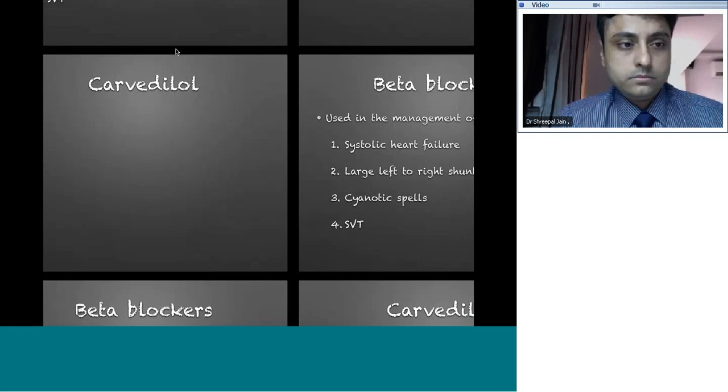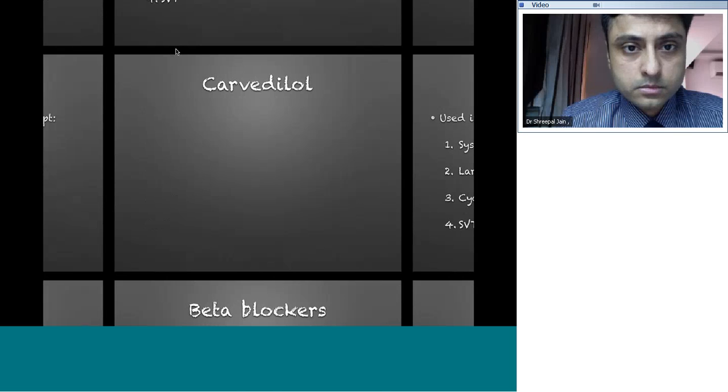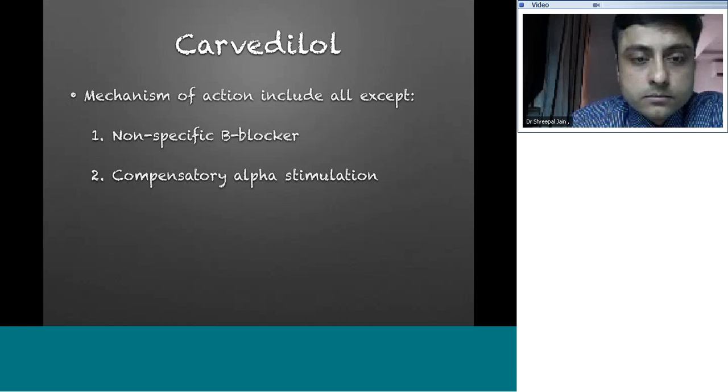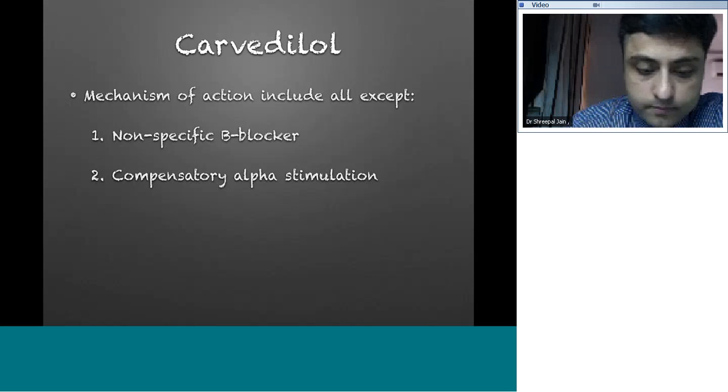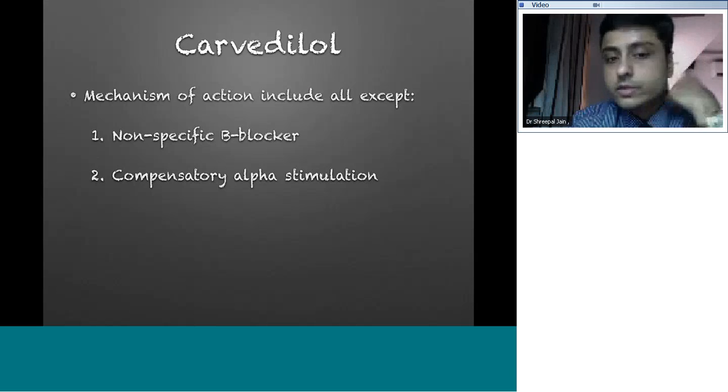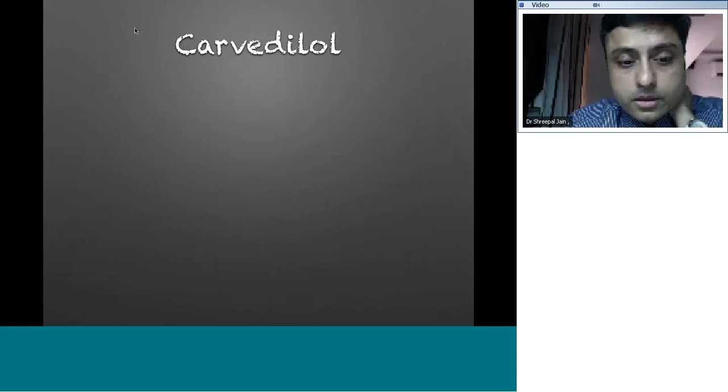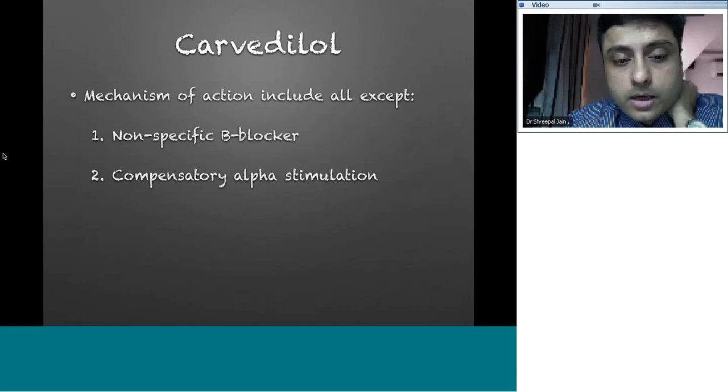Anyone? Stuck again? So mechanism of action. So is it a non-specific beta blocker? That it produces compensatory alpha stimulation. It's an antioxidant and anti-proliferative.